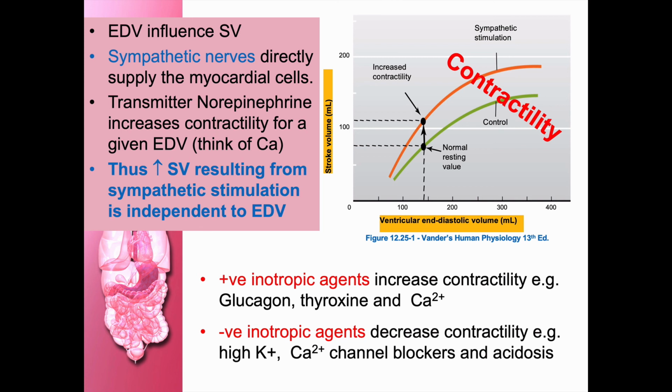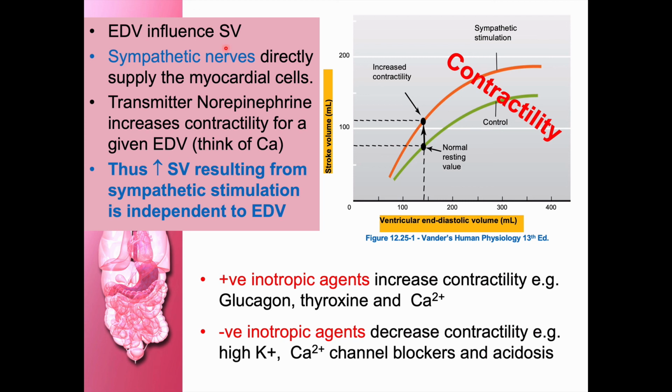The end diastolic volume is influenced by the systolic volume. Sympathetic nerves will increase the heart rate and increase the cardiac output. Neurotransmitters like norepinephrine increase the contractility of the given end diastolic volume.